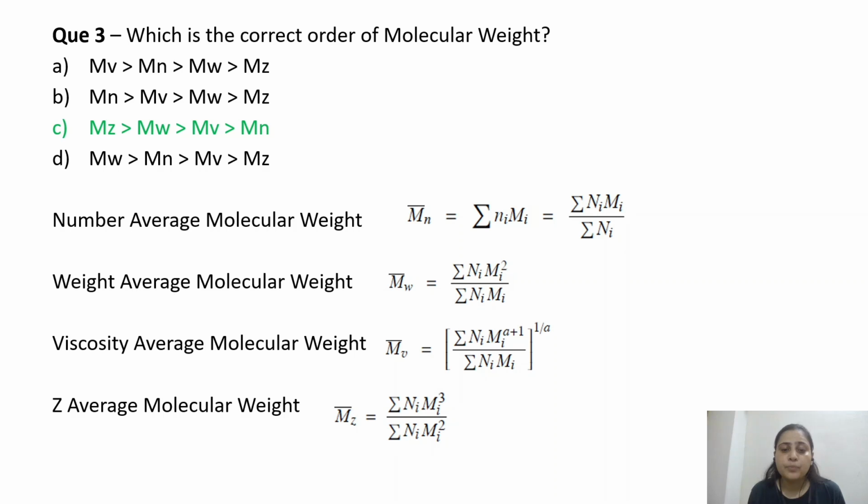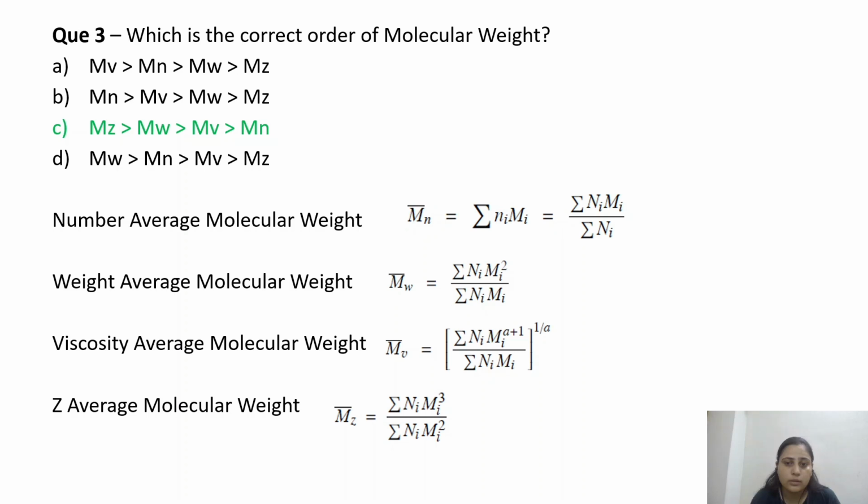So clearly the Z average molecular weight will be higher than the weight average molecular weight, which has the square in its numerator. Then the viscosity average molecular weight, which has A plus 1, which is more than 1 because A will always be positive.